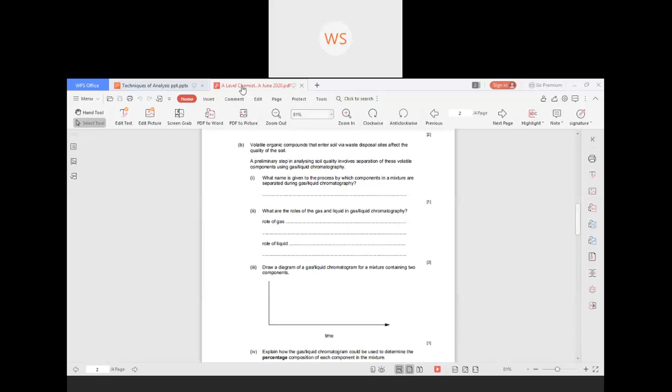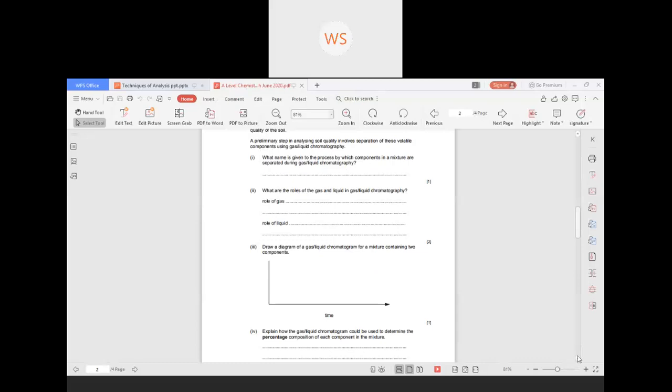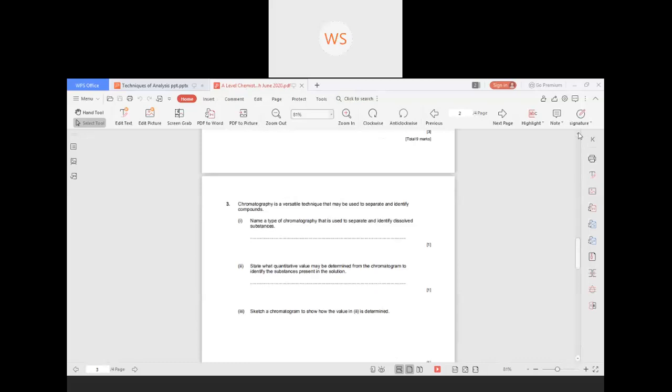It doesn't specify, so it doesn't matter. It is not necessary to calculate how many centimeters the first peak is at and the second peak. As long as there are two peaks, the height doesn't matter.